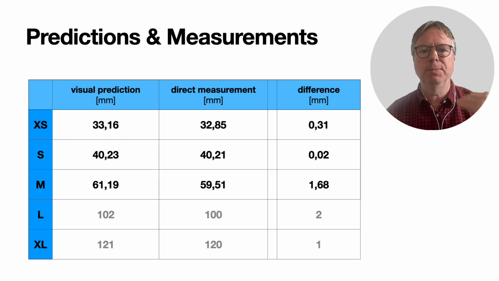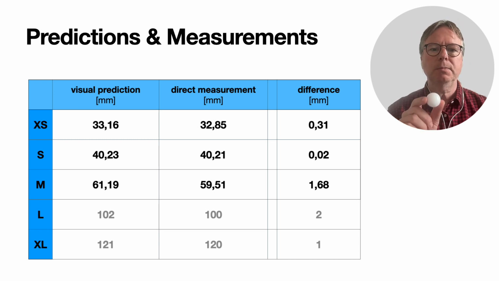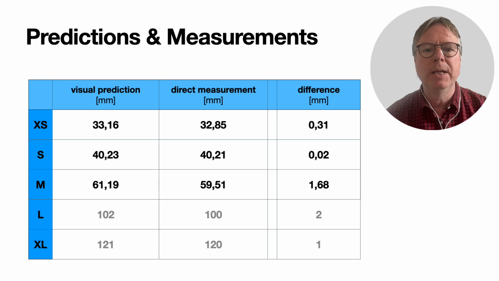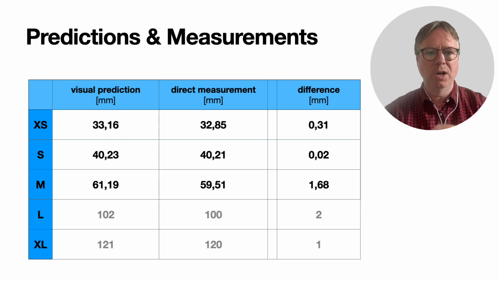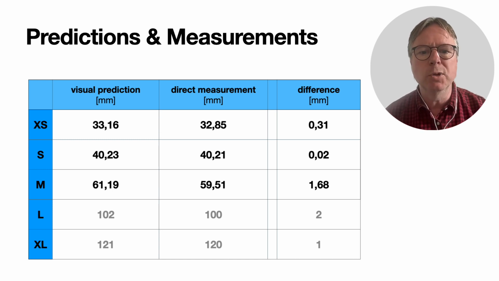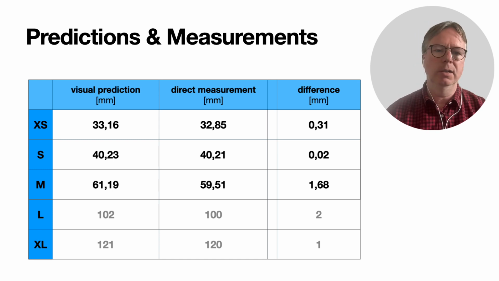For the smallest, it's 0.31 millimeters. And the ping pong ball, which just fell on the floor, has a difference of 0.02 millimeters. So 2/100ths of a millimeter, which is amazing. The medium sphere is 1.68, so it's almost 2 millimeters difference. And for the larger ones, it's 2 and 1.